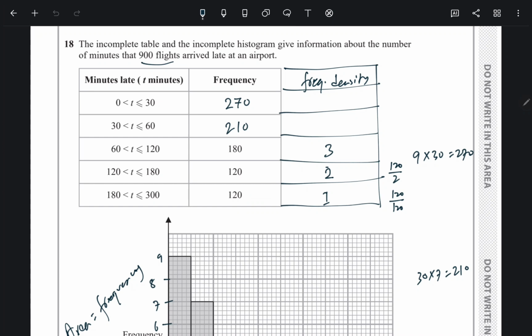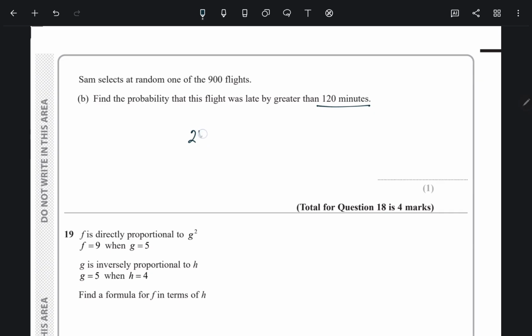We can use the table here as well. So the number of flights that were late by more than 120 minutes were this 120 and this 120. So the total number of flights that were late by more than 120 minutes were 240 in total out of 900. So 240 is my desired number and 900 is the total number, and that is 4 by 15.